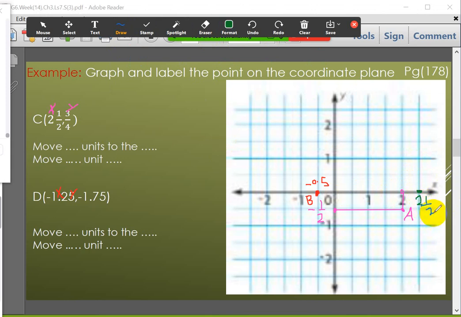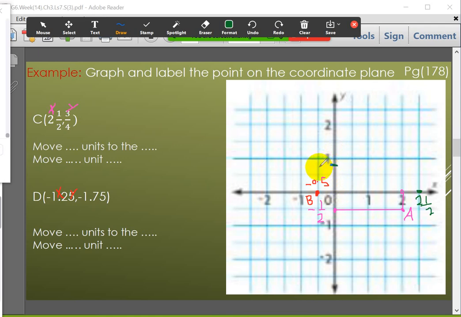Okay? What about the y coordinate? 3 over 4. 3 over 4 is a number on the y-axis, a positive number. That means it will be up between 0 and 1. You have to divide the distance between 0 and 1 into 4 equal parts, and take 3 over 4.